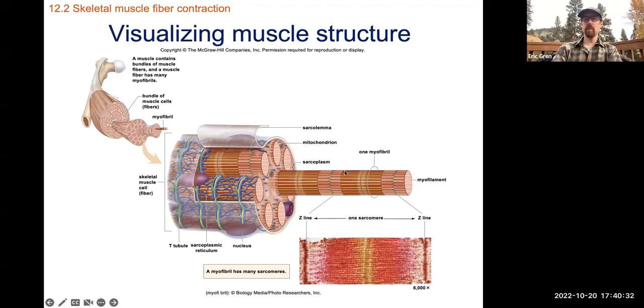Okay. So this is a myofibril. It's multiple sarcomeres lined up end to end. It's not membrane bound, but otherwise you could think of this as an organelle within the cell that is the skeletal muscle cell.